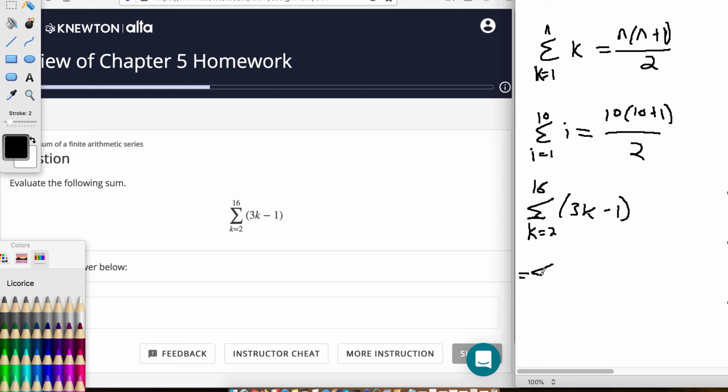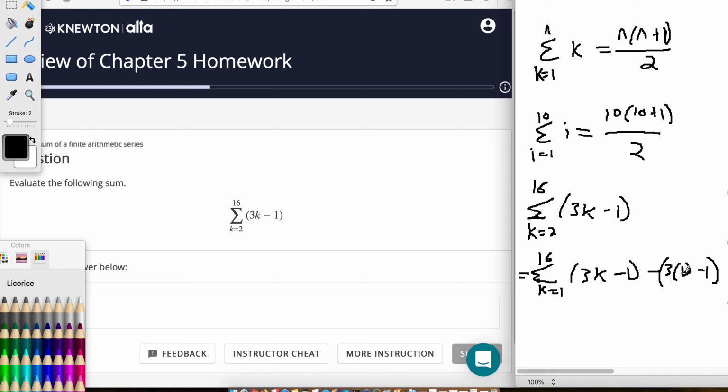If you sum up from k equals 1, which is not quite our problem, it's a little more, right? It's got k equals 1 as an extra term. But then if you subtract out the k equals 1 term, okay, that gives you the sum of k equals 2 to 16.